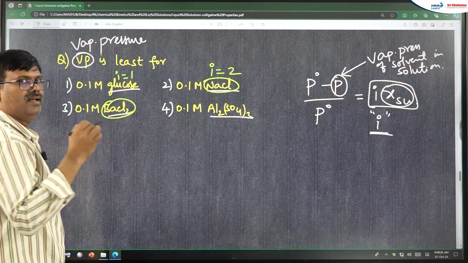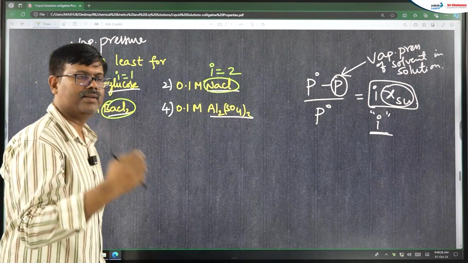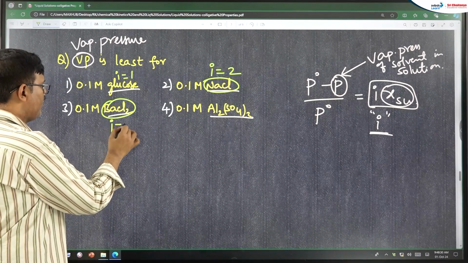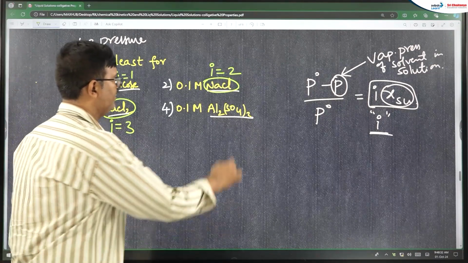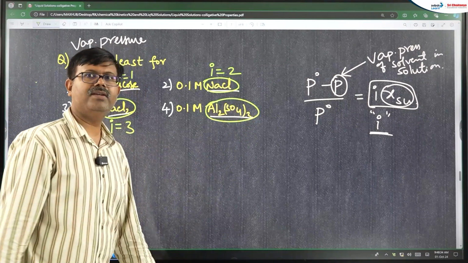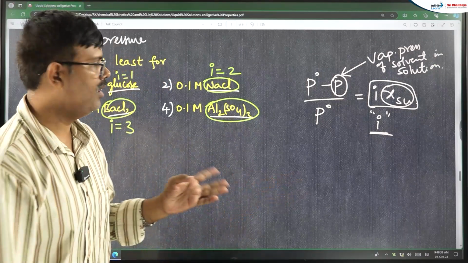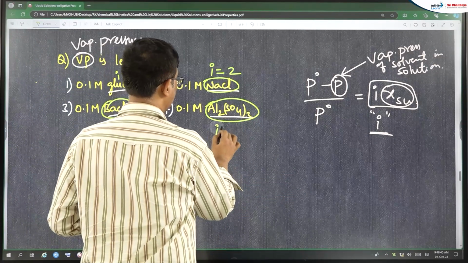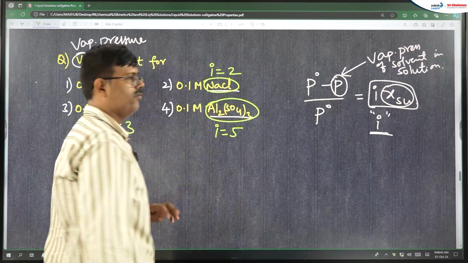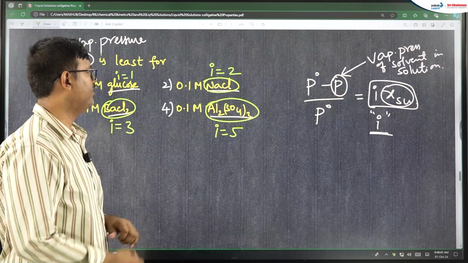BaCl2, 1 barium ion, 2 chloride ions. So Van't-Hoff factor is number of ions, 3. Here how many ions are there? 2 aluminum, 3 sulfate. Total 5 ions are there. Therefore Van't-Hoff factor 5.